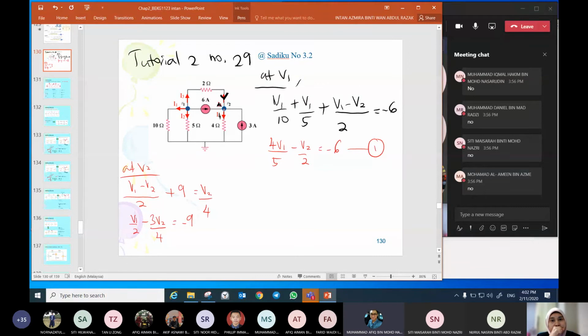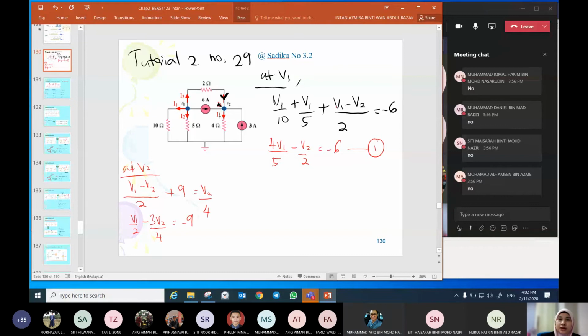Based on your annotation, I1 going out, I3 going up, I2 going down, so the equation at that node is I1 plus I2 plus I3 plus 6 A equals 0. Yes.